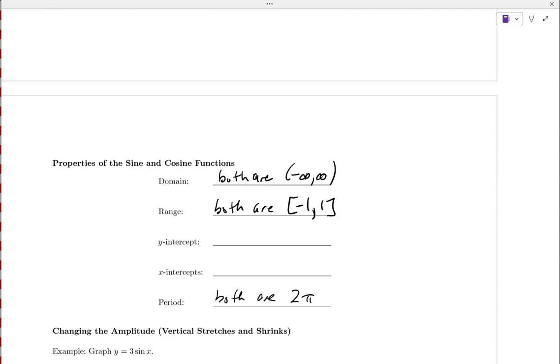Now, they do cross the axes in different places, right? Where does the sine function cross the y-axis? That's across the x-axis. I meant y-axis. Yeah.